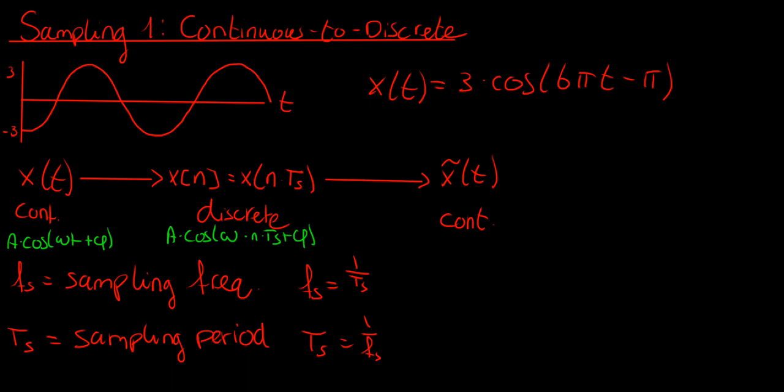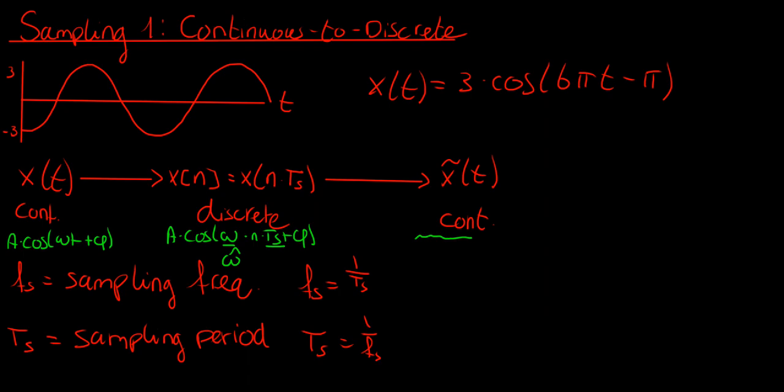And we call our omega multiplied with our sampling period omega hat. And omega hat just denotes what the frequency is times the sampling period. Furthermore, we can reconstruct this, but that's for another video.